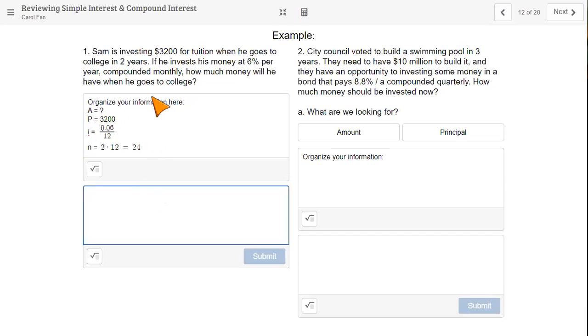Okay, so let's type into our equation the information that we have, and then we'll solve it. So A is equal to P, 3,200, times 1 plus 0.06 over 12, all to the power of 24.